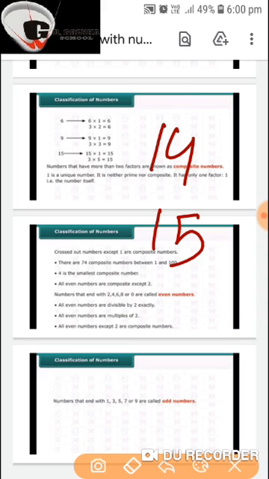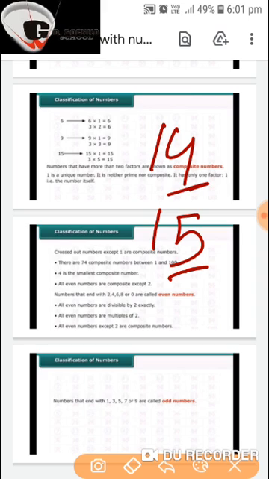So how can we say just at a glance whether a number is even or odd? For that, we have to look at its unit place. If the unit's place is divisible by 2, then the whole number is divisible by 2. But if the unit's place is not divisible by 2, then the entire number is not divisible by 2. In other words, the number is odd.